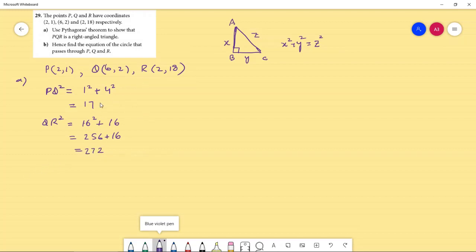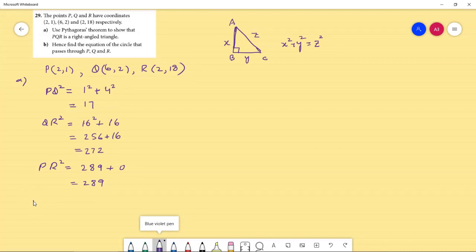So QR², then PR² is equal to (18 - 1)², 17 squared, that would be 289, plus (2 - 2)², which is 0 squared, 0. So this is 289. Now if you look at this, if you add these two sides, that would become 289.